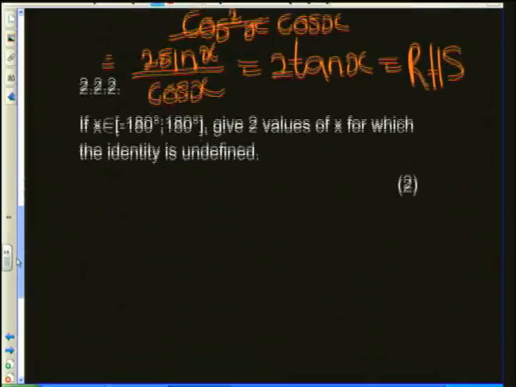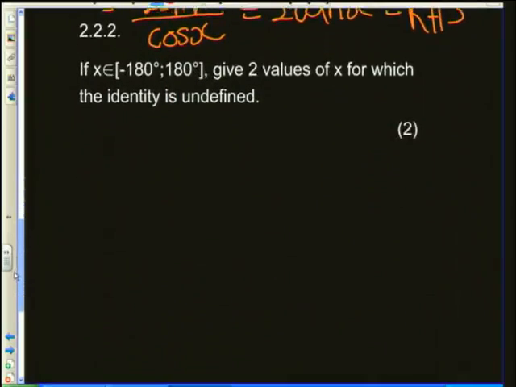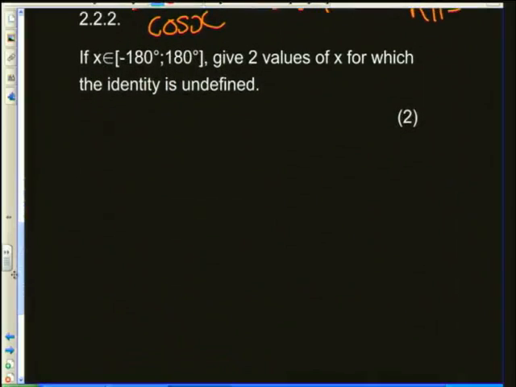Let's look at the next bit, 2.2.2. It says, if x is an element, or if x belongs to this interval here, negative 180 to positive 180, give two values of x for which the identity is undefined.